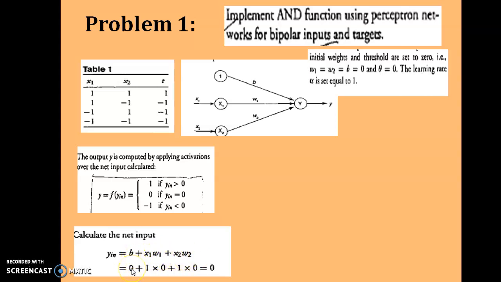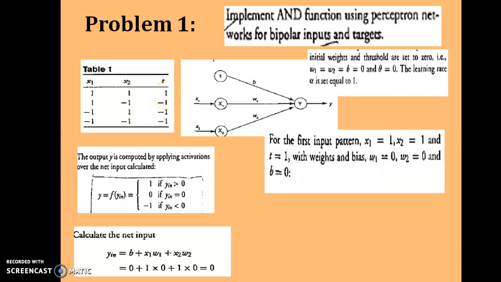Bias is 0, we initialized. x1 is 1 from the given sample. w1 is 0, plus x2 is 1, w2 is also 0. The yin value becomes 0. If it is 0, then the y will become 0. But what is our target? Our target, we need 1 as the output. So calculated output is not equal to the target. We have to update the weight.